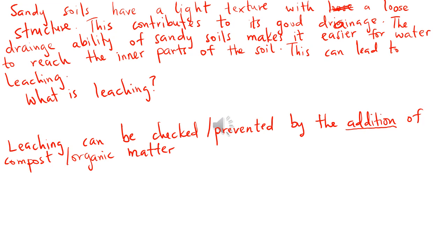Remember that I said earlier on that when you add the organic matter to the soil, you increase the what? The amount of nutrients. And then you bind the aggregates of the soil together. Remember that what is causing leaching is the fact that the soil is loose, and as such, water drains easily.